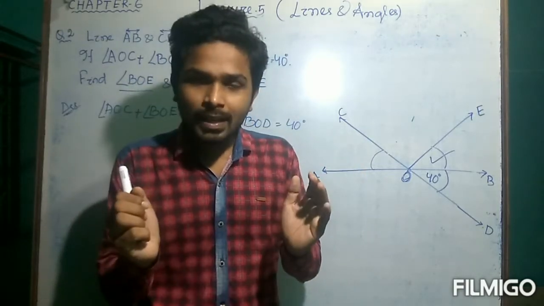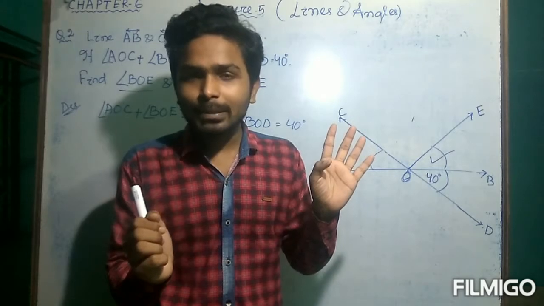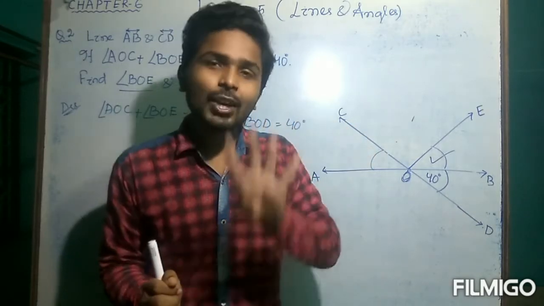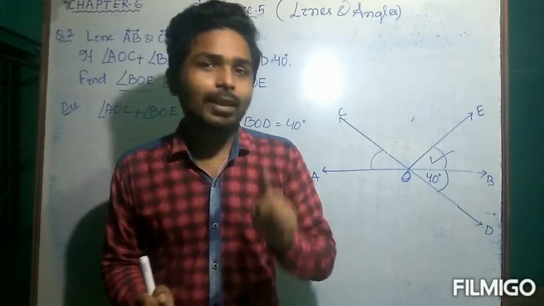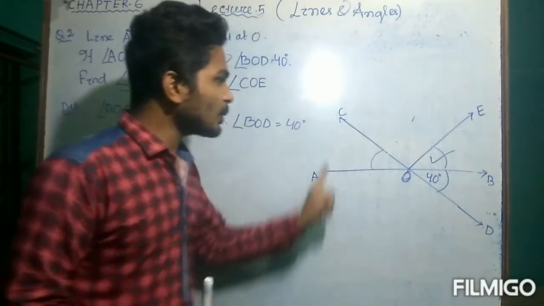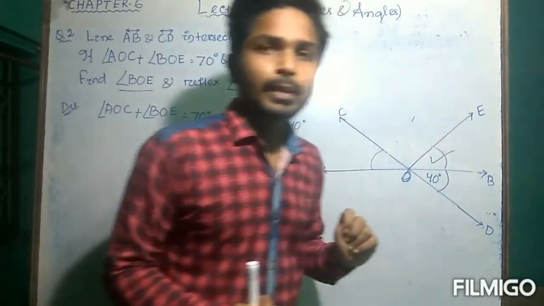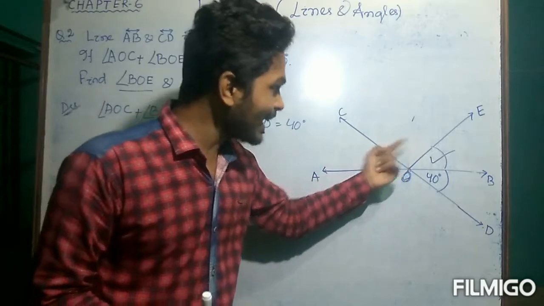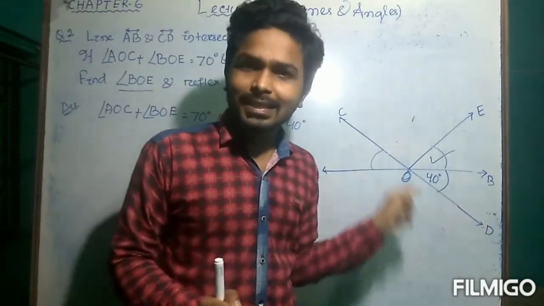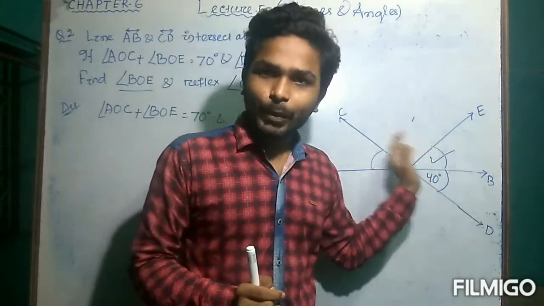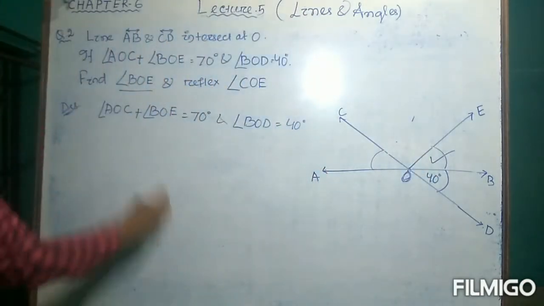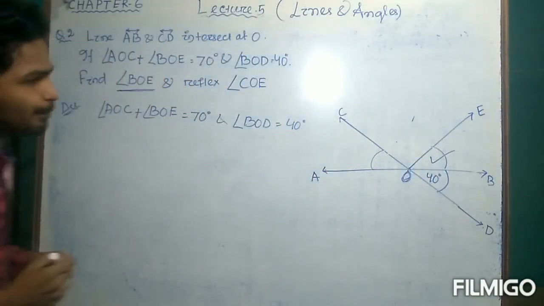You have 5 chocolates, so you subtract Mahalacto. That means how many chocolates remain? 4 chocolates. So 5 minus 1 is equal to 4. That is reflex Mahalacto. Similarly, here you have to find the reflex COE. It means you have to subtract this angle from the total angle. Total angle is 360 degrees. So 360 degrees minus COE. Okay. Now we will find the value of BOE.